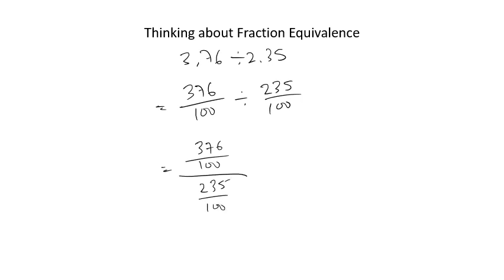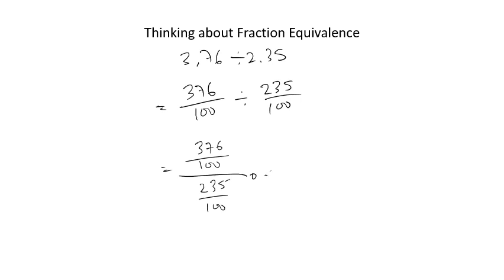So I have 376 over 100 all over 235 over 100. And what I would like is for this denominator to not be a fraction. If I can get this denominator to not be a fraction, then theoretically this is going to make my life somewhat easier.